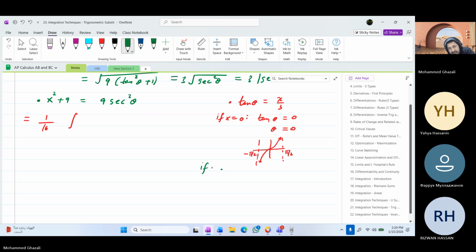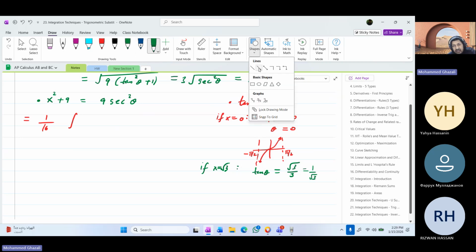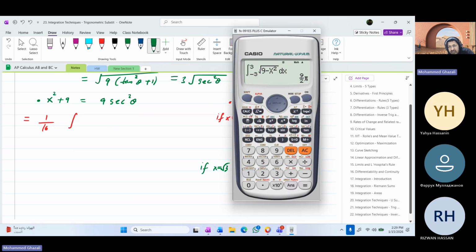If x is equal to the square root of 3, then we have root 3 over 3. Tan theta is equal to root 3 over 3. I think this is a special triangle. It's the same thing as saying 1 over root 3, right? And you can use a calculator. What is tan inverse of 1 over root 3? Shift tan 1 over square root of 3, right?